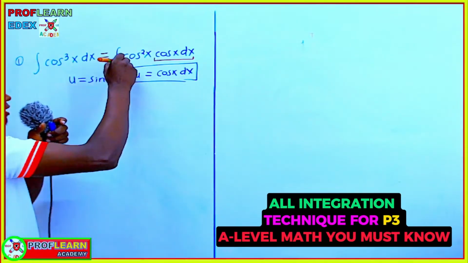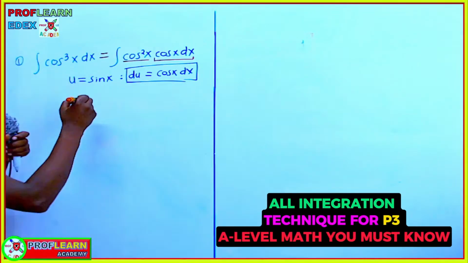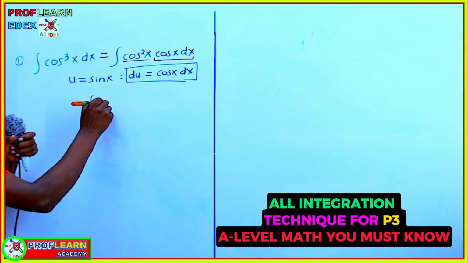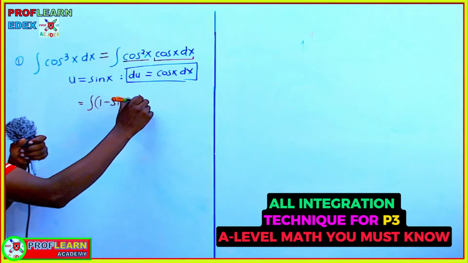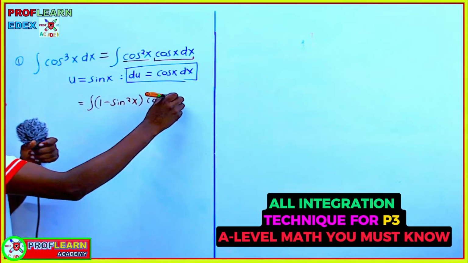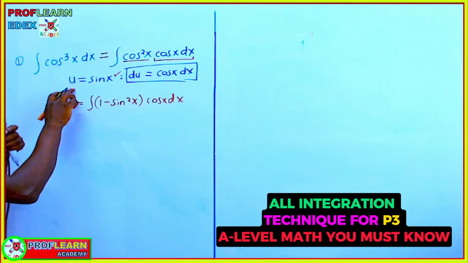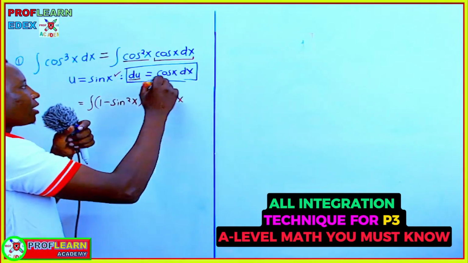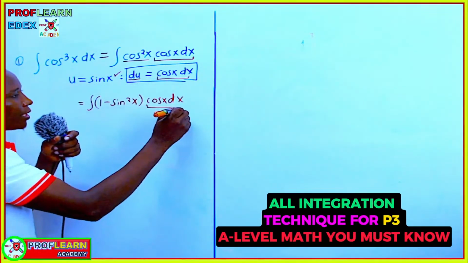This part that we have here, we are going to write in terms of sine squared. So this is going to be written as 1 minus sine squared x, cos x dx. Next, now we are going to substitute. Anywhere we have sine, we are going to substitute u. Anywhere we have cos x dx, we are going to substitute with du here.